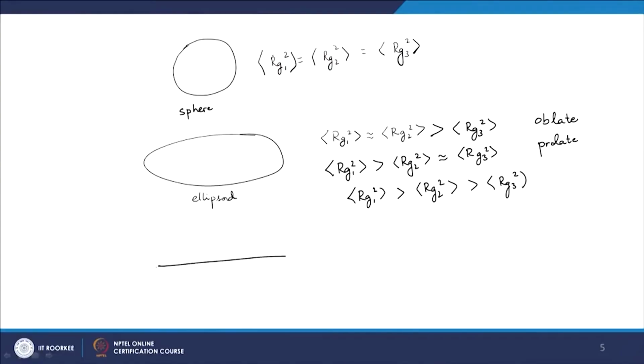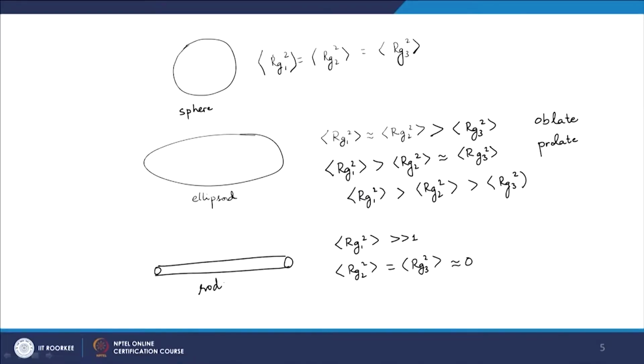So in the extreme, let us say we have a rod. In that case Rg1 square is very high, and Rg2 square and Rg3 square have to be very small, because they refer to the thickness of the rod, which is anyway very small, especially compared to the length of the rod.